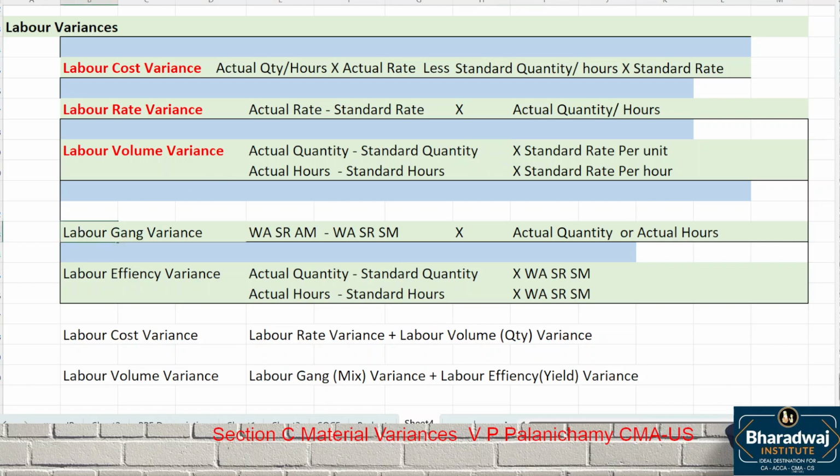In IMA, they use the words interchangeably. Labor gang variance is also known as labor mix variance. Labor efficiency variance is otherwise known as labor yield variance. Volume variance is otherwise known as quantity variance. Rate variance is otherwise known as price variance.